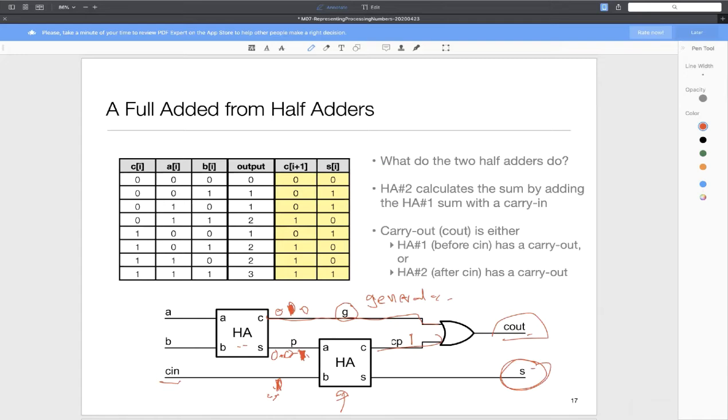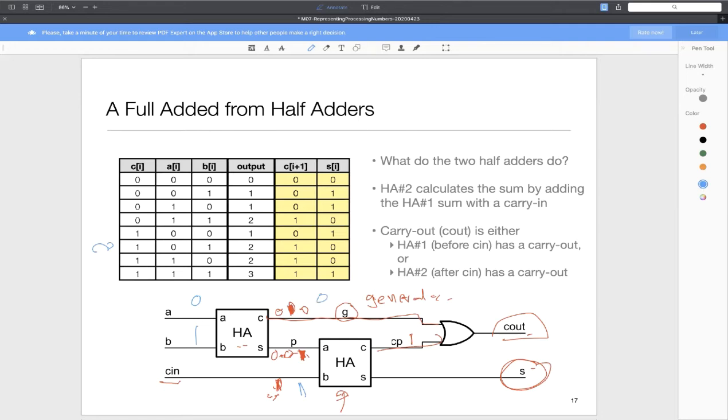I'll leave it for you to work through. I would suggest that you convince yourself that what I'm stating here is indeed true. Try it out for different combinations. Let's just do it. Let's see which row you want me to do. Let's say we try this row, 1 0 1. So A is 0, B is 1, C is 1. Half adder 0 1, what would it output?